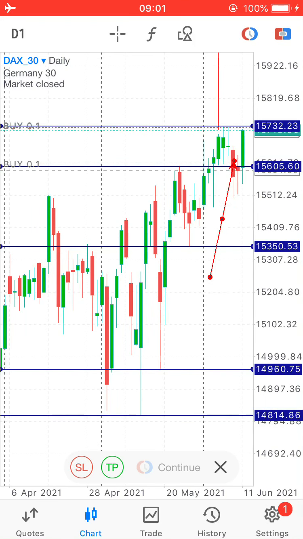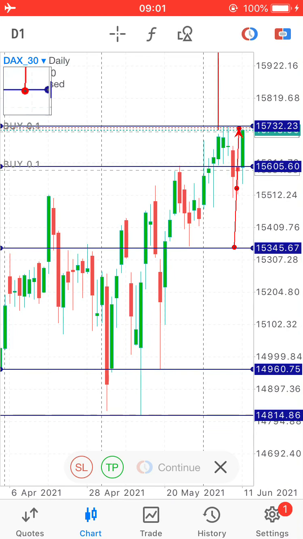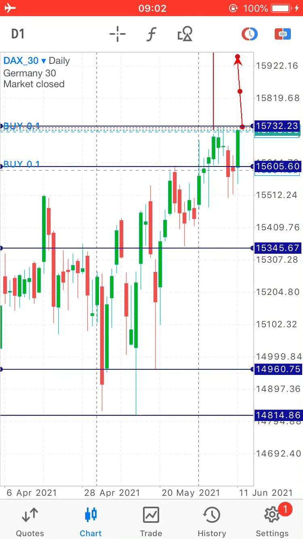Shooting from here to this point, the market is now in an impulsive move. We're expecting an impulsive move, meaning that the impulsive move will be greater than 15732, right? So that's why it's very, very important to also consider the nature of how that support or resistance level was broken, because at that level the market will automatically break what? 15732 to form what? To form an impulsive move.